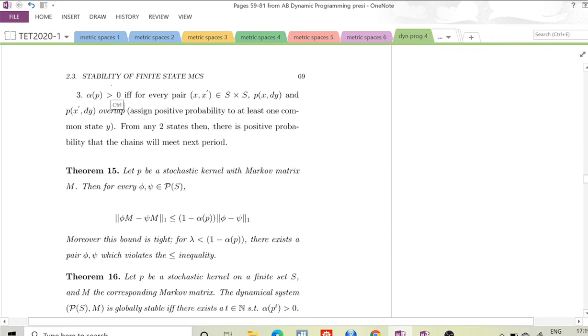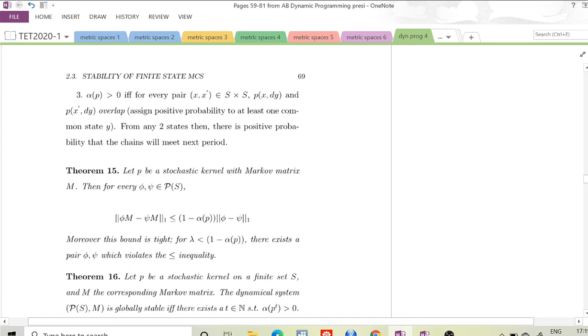So alpha of P is greater than 0, you can show, if and only if for every pair of states today, x and x prime, corresponding to every two rows x and x prime, the probabilities p(x, dy) in row x and p(x prime, dy) in row x prime overlap. So they assign positive probability to at least one common state tomorrow, y.